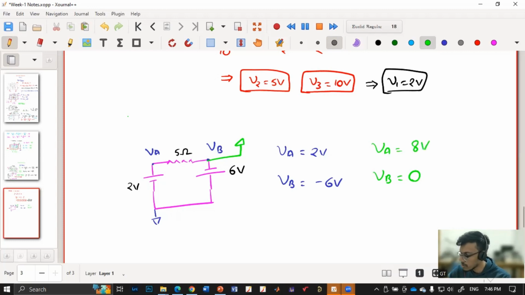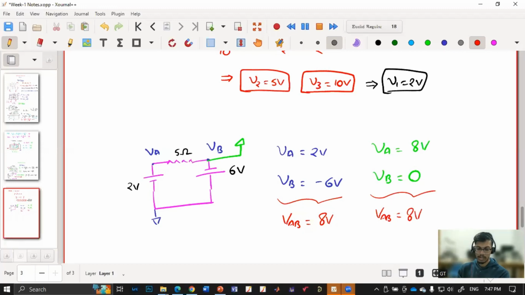So now I'll ask you another question. What is VAB here and what is VAB here? Both are 8 volt. You start your journey from B and go to A. So in both the cases, the potential difference across the 5 ohm is the same.